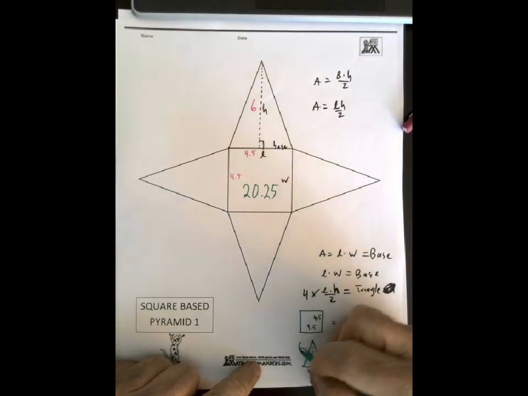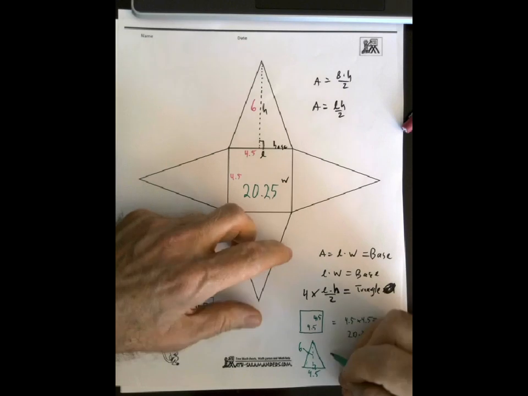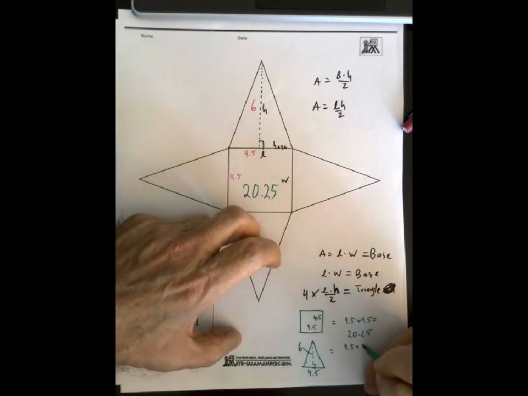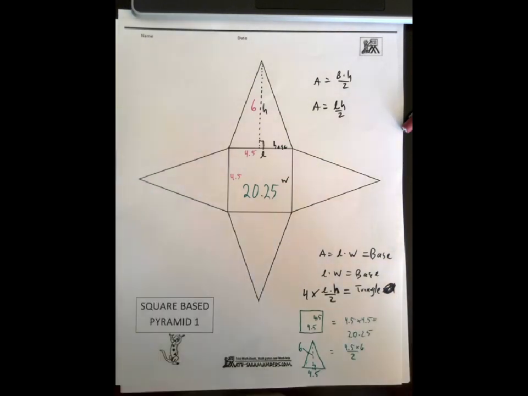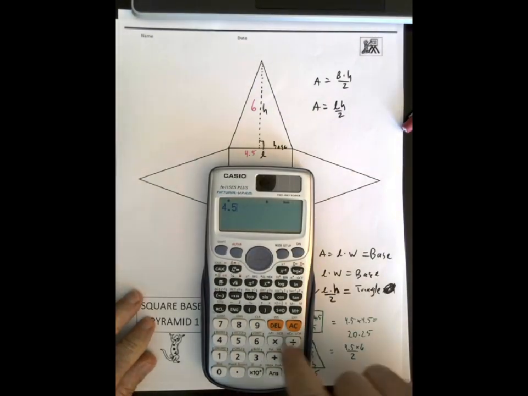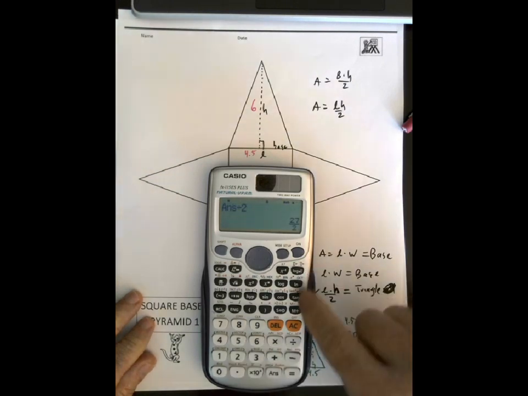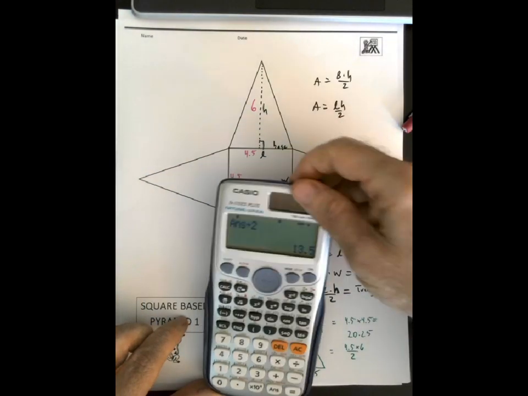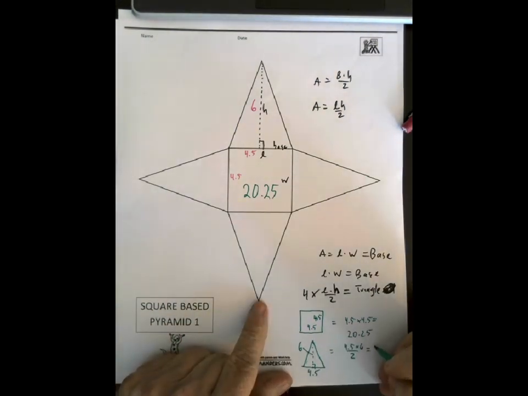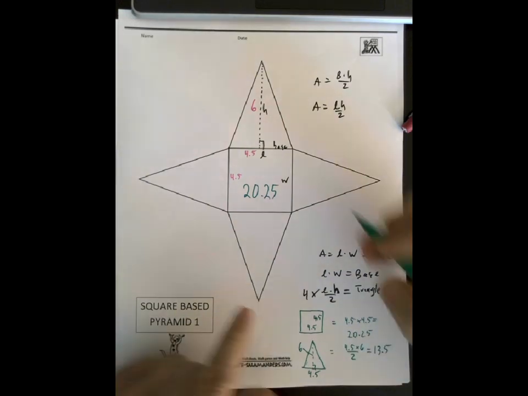So that's 4.5 times 6 divided by 2, which is 13.5.